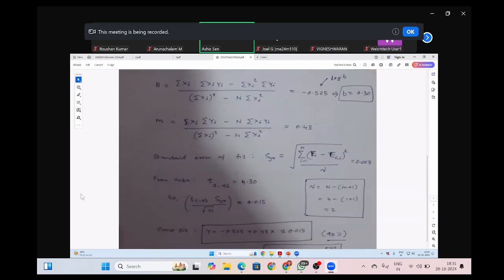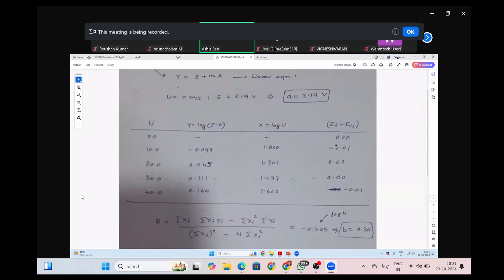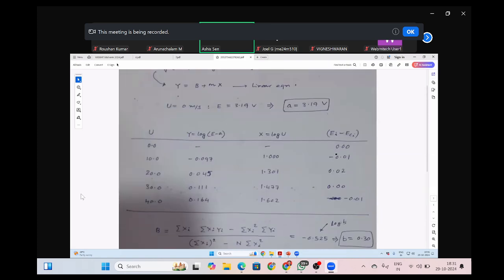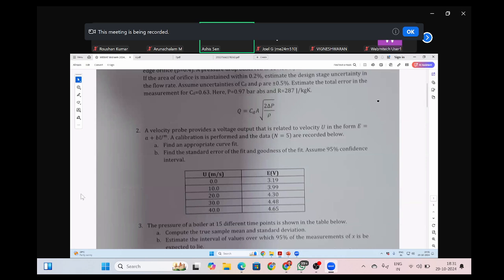This M is basically the degree of polynomial. So we are talking about a linear equation here, linear curve fit. So for M equal to 1, 4 minus 1 plus 1 is 2. So the degree of freedom is 2. Nu is 2. And we have the value of EI in each case. So these are the values of EI.